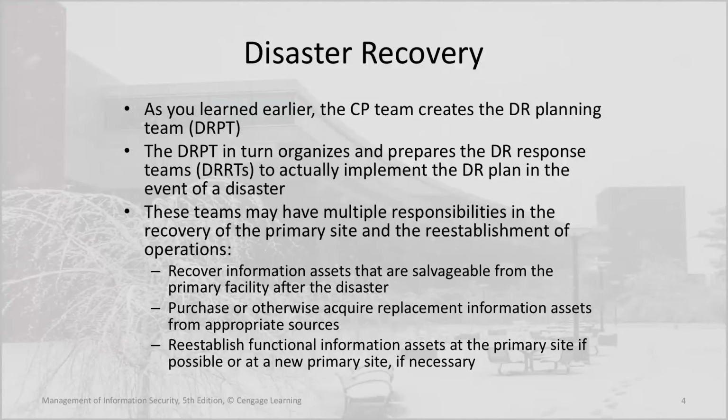These include recovering information assets that are salvageable from the primary facility after the disaster, purchasing or otherwise acquiring replacement information assets from appropriate sources, and reestablishing functional information assets at the primary site if possible, or at a new primary site if necessary.